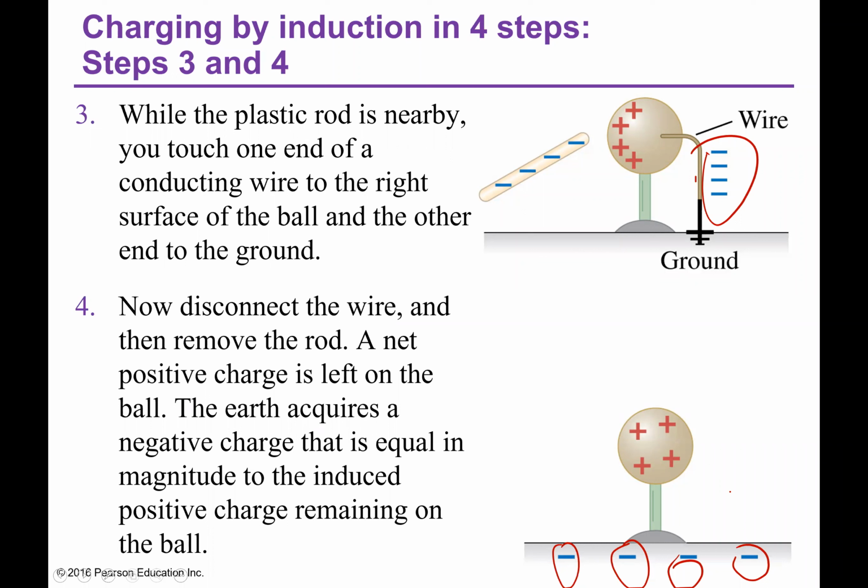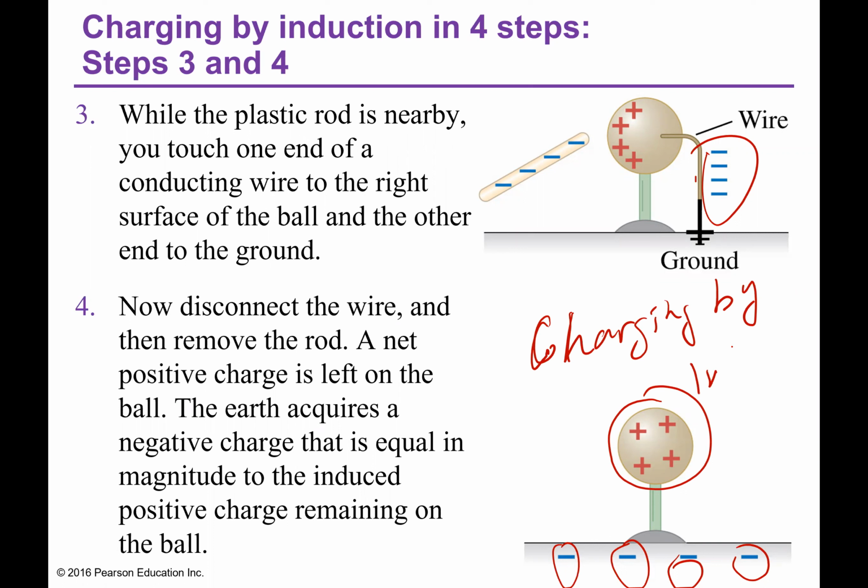But the metal ball has now lost all of those electrons. That means it has more positive stuff than negative stuff, more protons than electrons. And at this point, we have charged the metal ball. So this is known as charging by induction.